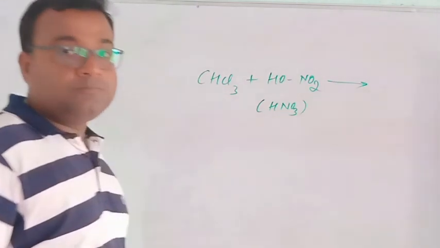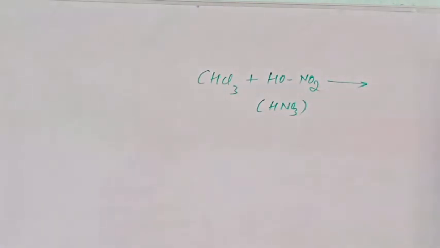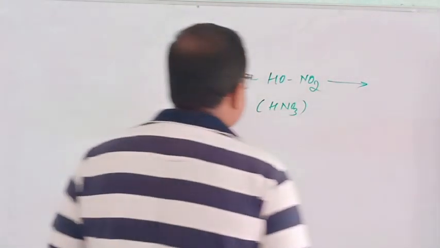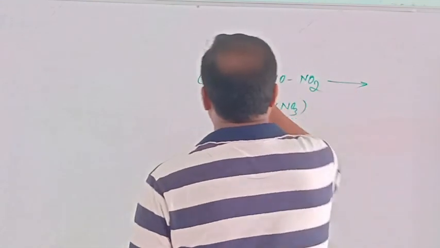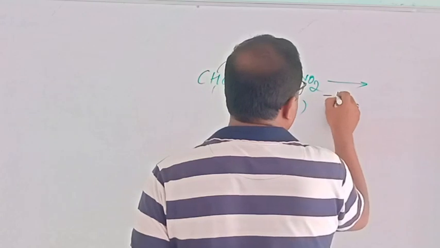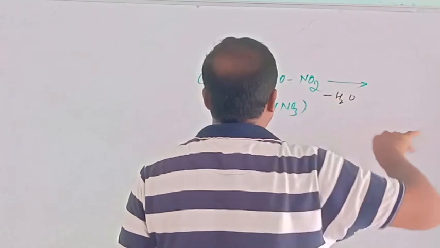The compound formed will be CCl3NO2, with just liberation of H2O. This hydrogen reacts with this to form H2O, which will be liberated.